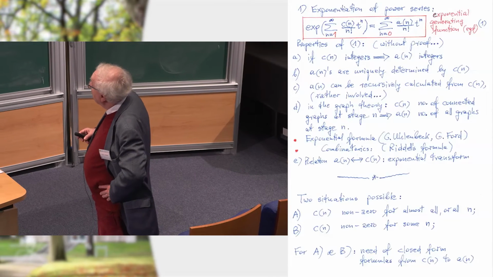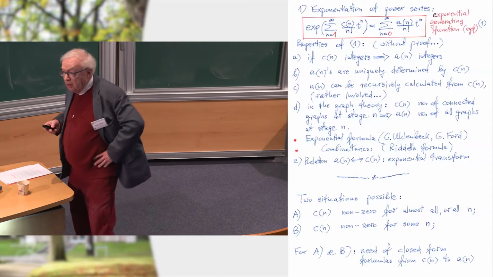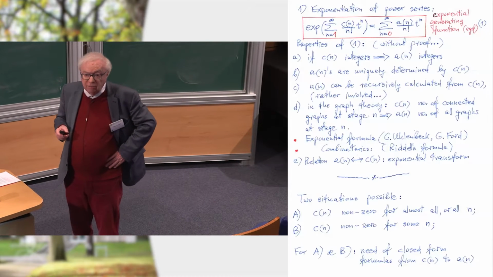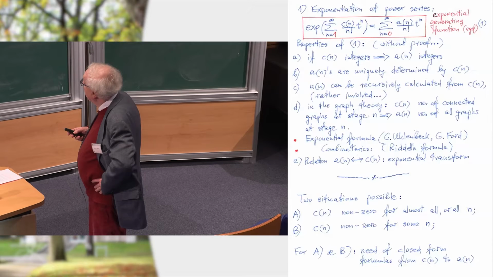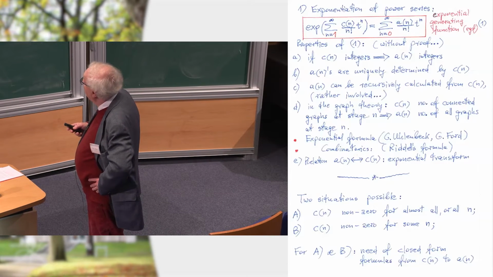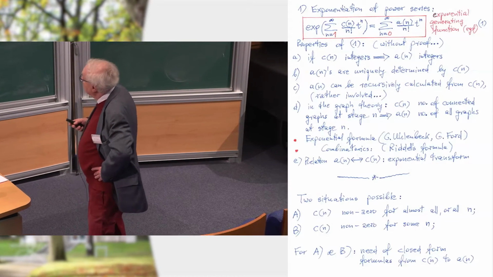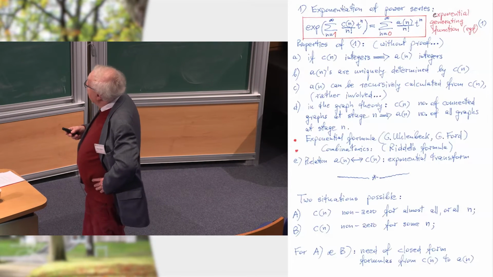In combinatorics, it's called Riddell's formula, and it is well developed in many combinatorial handbooks, including Stanley's book. This relation between An and Cn is called the exponential transform, for evident reasons.